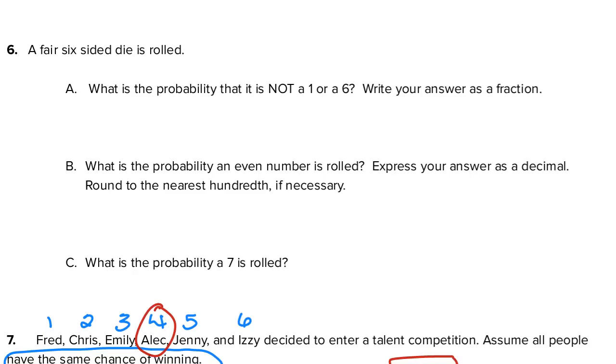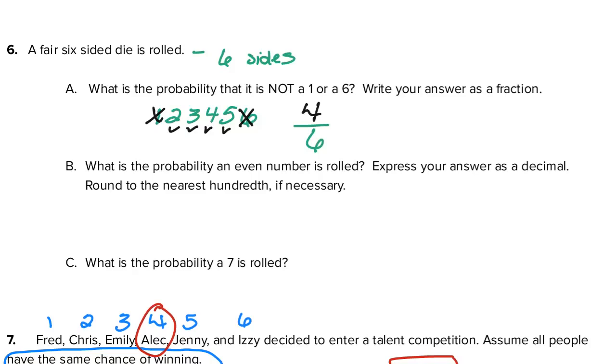Your denominator is going to be a 6 because a die has 6 sides, right? And it has all the numbers 1 through 6. So if it is not a 1 and not a 6, that means it could be any of these. So that is 4 out of 6.